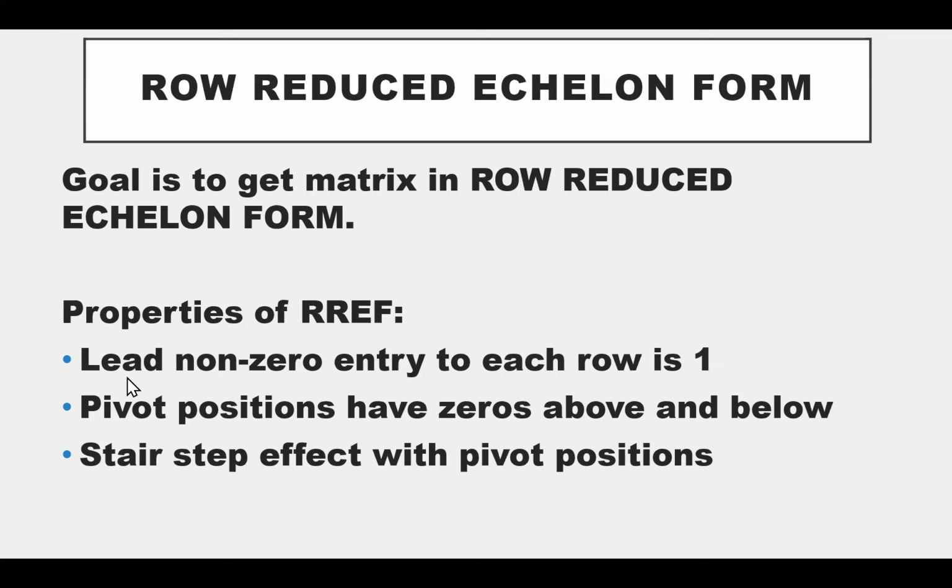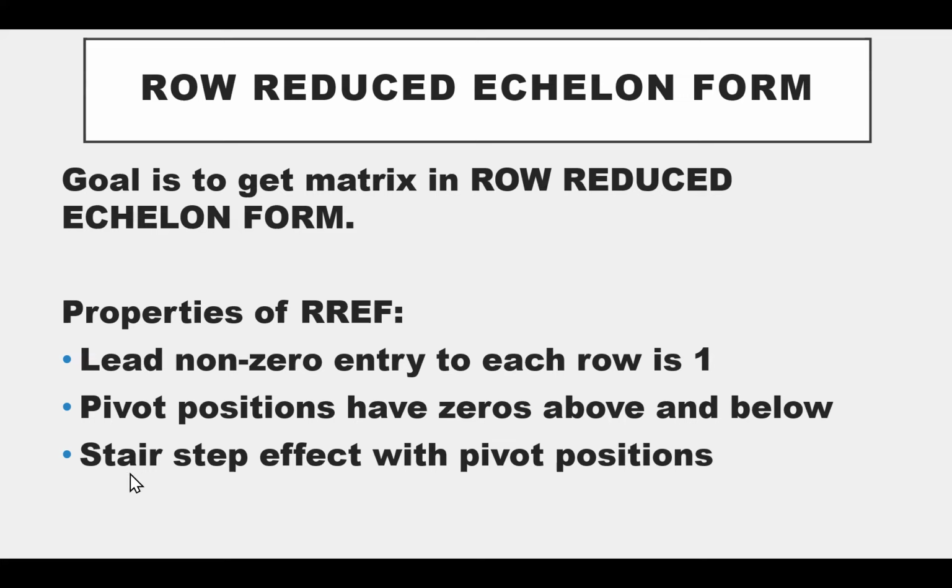The first property is that the lead non-zero entry of each row is 1. So we might have some zeros in a row, and then the actual first number that's not 0 is going to be a 1. These are going to be called pivot positions, where we have a 1 as the lead entry of a row. These pivot positions are going to have zeros above them and zeros below them.